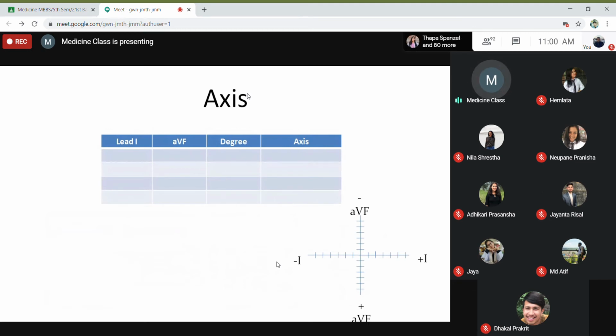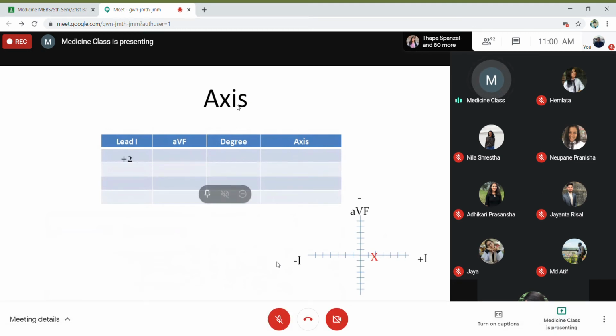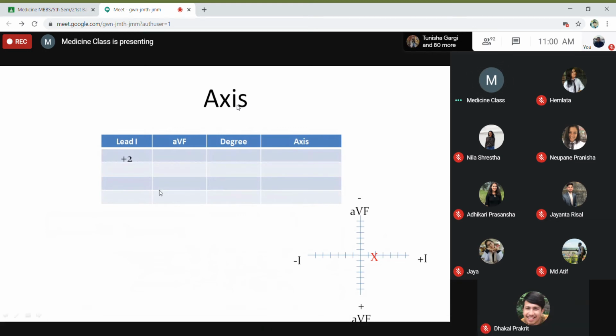To explain it more, let's look at this. So this is +2. Now lead 1 is +2, and AVF is +2. So the degrees would be around 45 degrees, and the axis is normal.